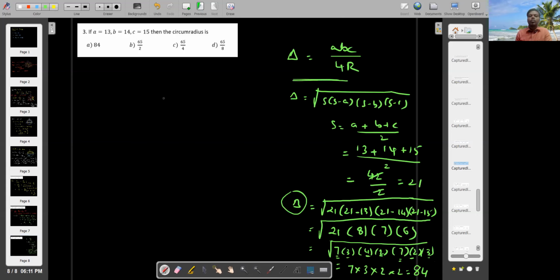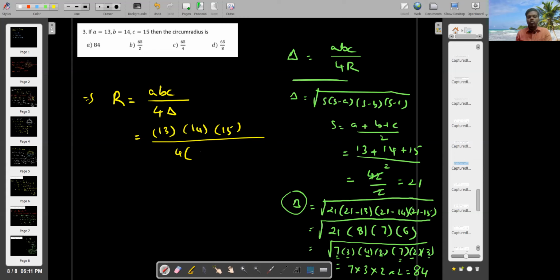By using this formula, we need the R value. So that implies R equal to abc by 4 delta. So 13 into 14 into 15 by 4 into delta, where delta is 84.